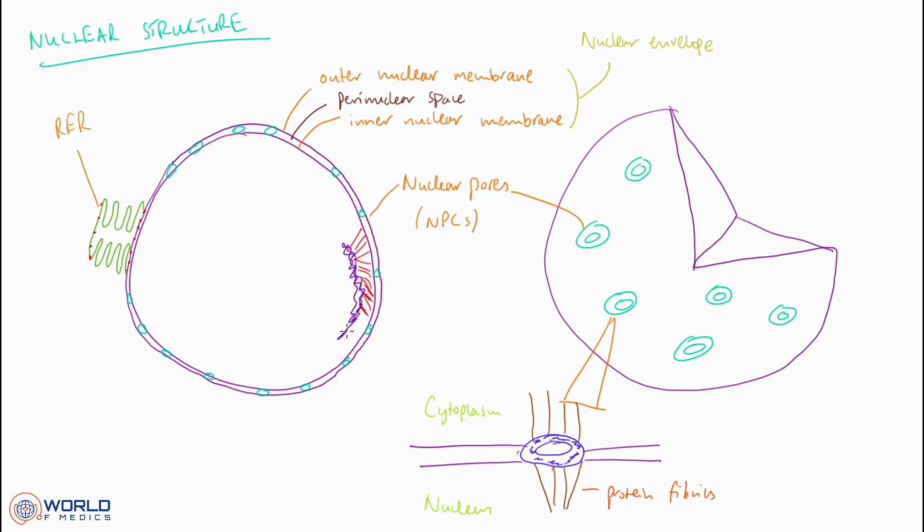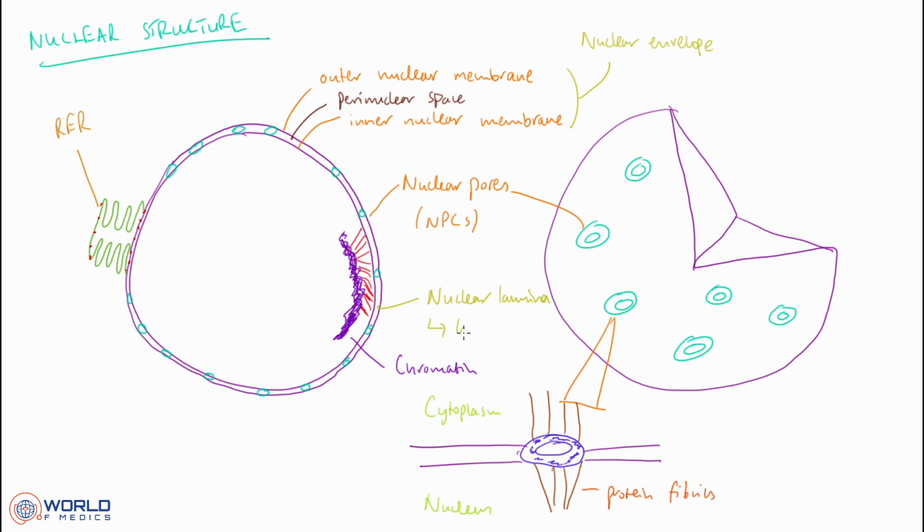this component, which forms the majority or a large amount of our nucleus. And we mentioned this before, this is our chromatin. So the other side is attached to chromatin. And what is this mesh-like structure called? Well, the name of this is just the nuclear lamina.